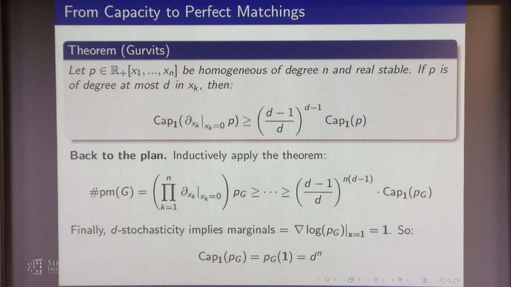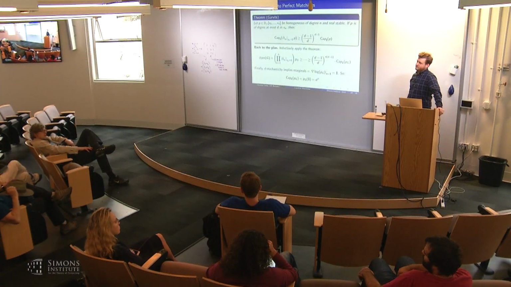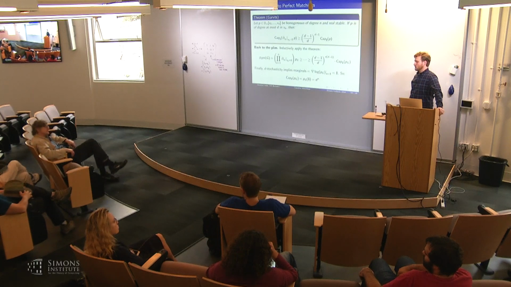By the way, in this form, it's easier to write down, but in this form, it's not sharp. Because the degree is actually getting... Yes. And if you carefully write down the inequality, you actually get something which is sharp. Which, again, was not in the original paper. I see.